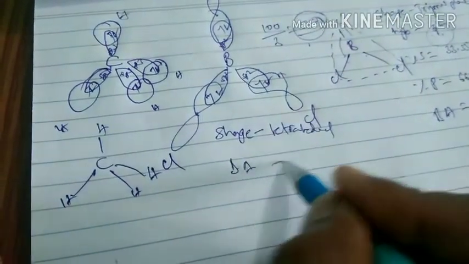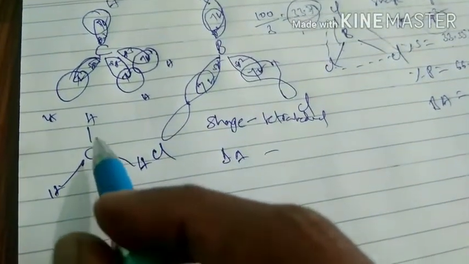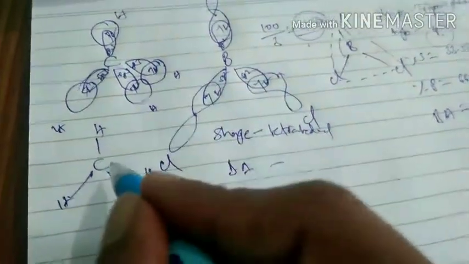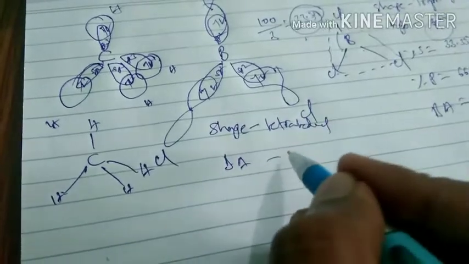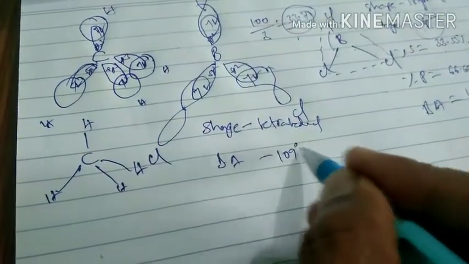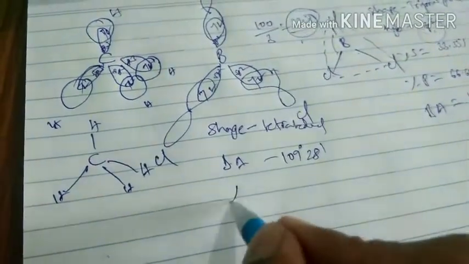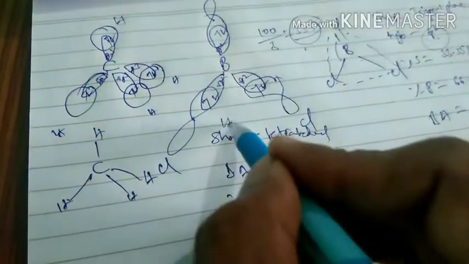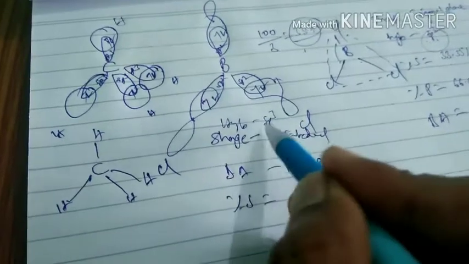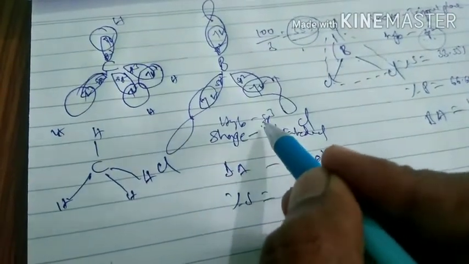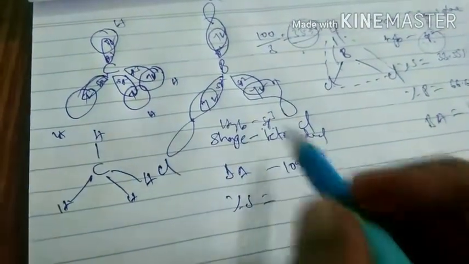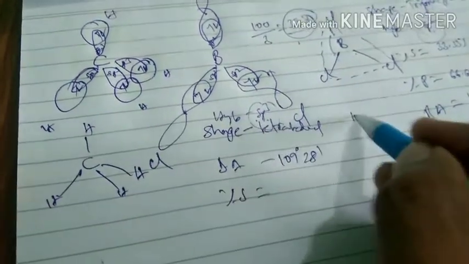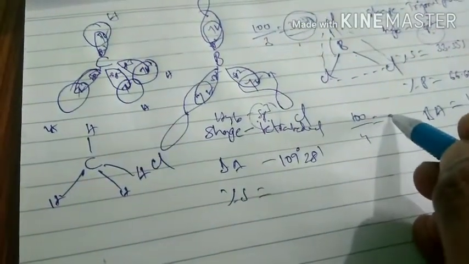Bond angle means what? The angle between two adjacent sigma bonds. If you take any two sigma bonds, here their bond angle is 109 degrees 28 minutes. Here the percentage of s character: hybridization is sp3, that means 1 s, 3 p. So total 4, 100 by 4, how much? 25.